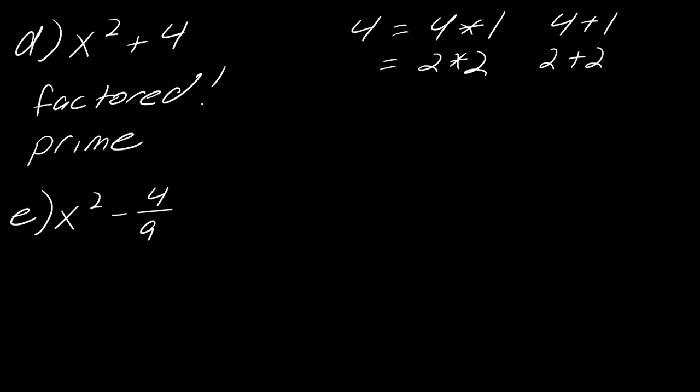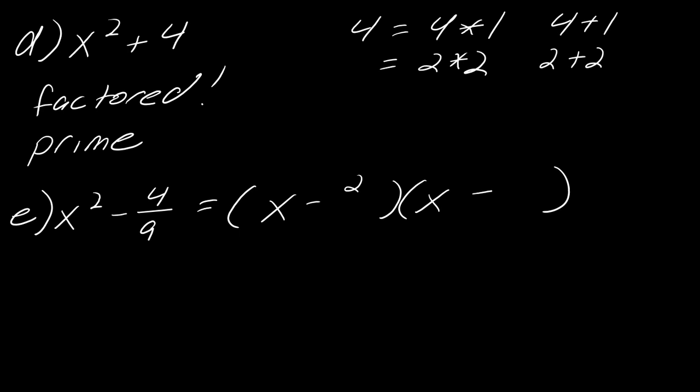And the last thing that I want to talk about here is x squared minus 4 over 9. This is still the difference of squares. The fun thing with the difference of squares is that you can just keep following the pattern. 4 is a perfect square and 9 is a perfect square. So how would this factor? Well, why is 4 a perfect square?